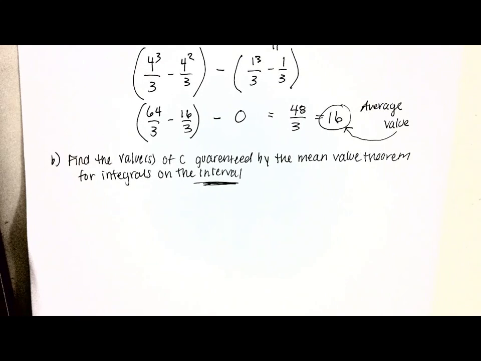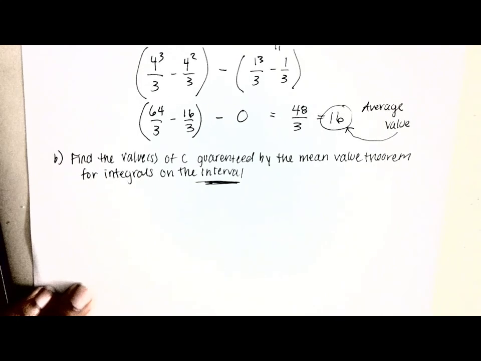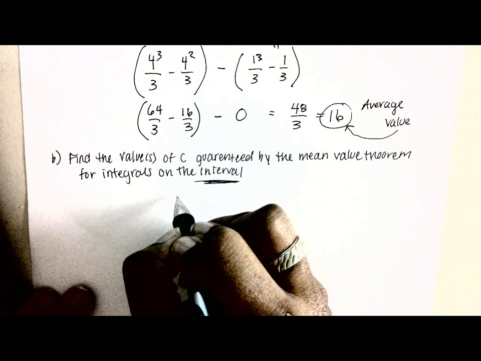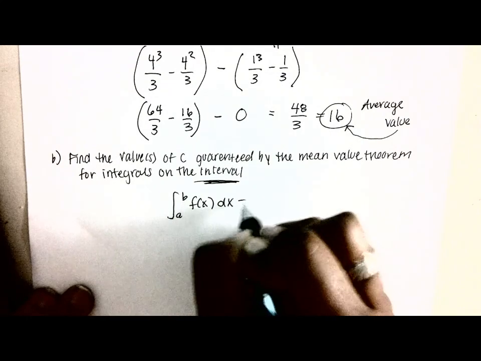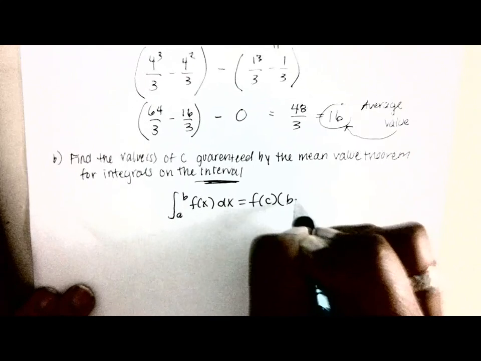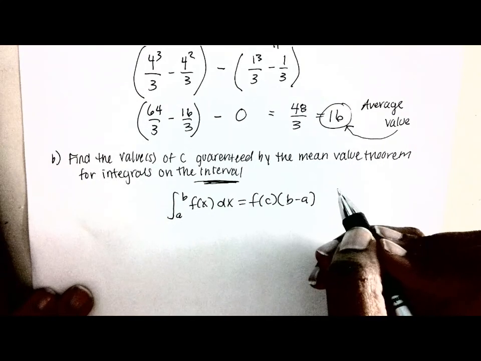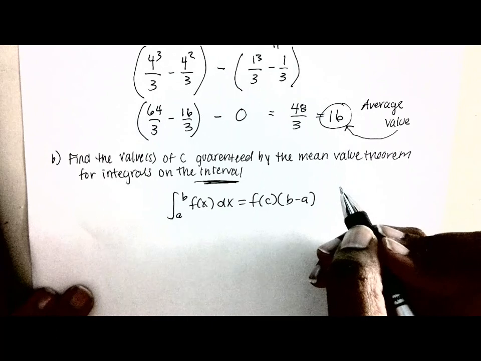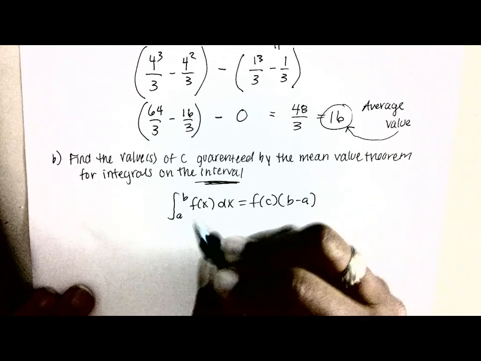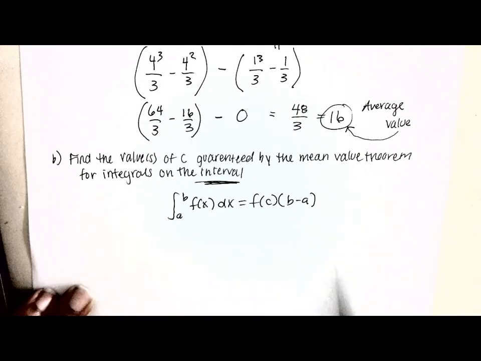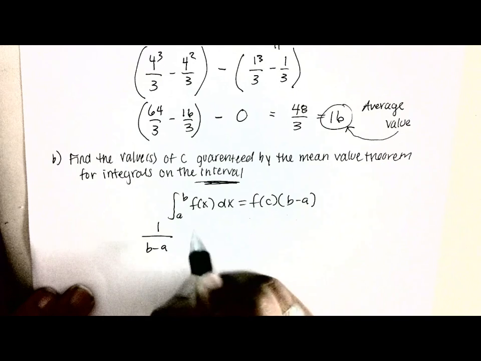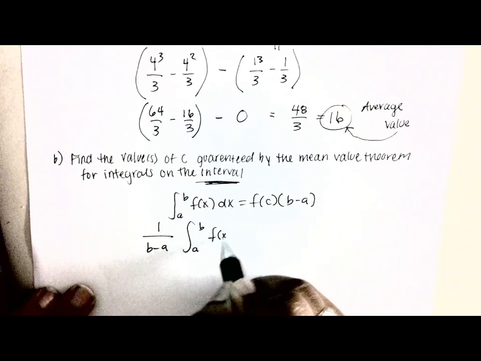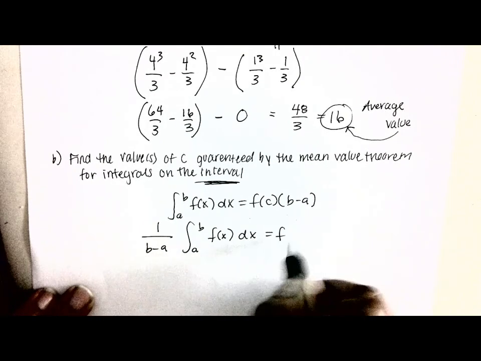So how you do this is, since the mean value theorem says it's the integral from a to b of f of x dx equals f of c times b minus a, and I told you the average value is a consequence, that means I can switch this around to make it look like the average value. If I divide by b minus a, I can make this 1 over b minus a integral from a to b of f of x dx equals f of c.